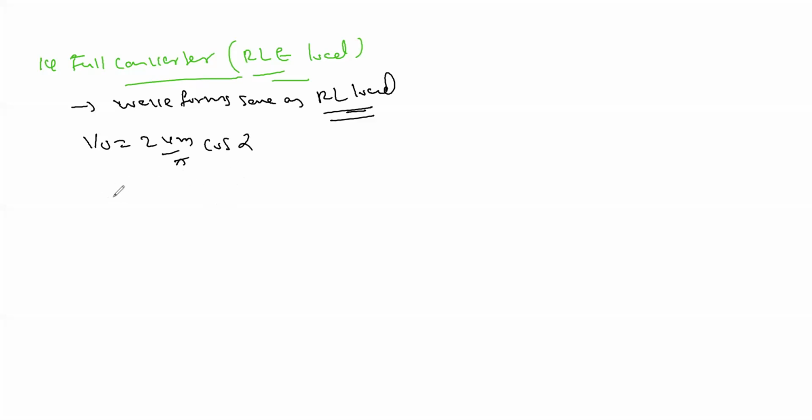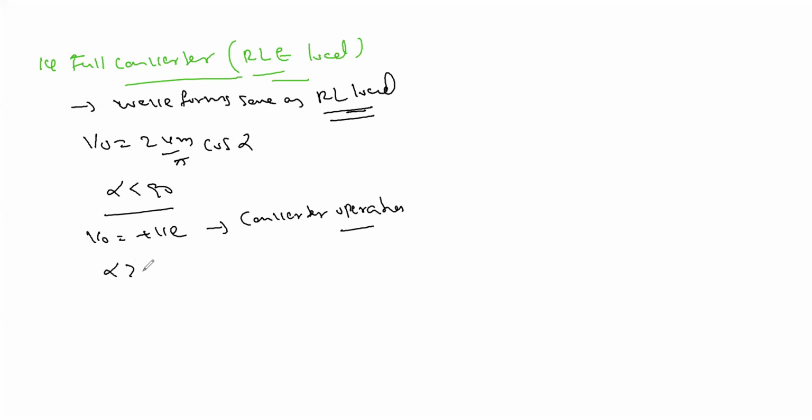In this case, alpha is less than 90. What will happen? V naught is positive. This is called as converter operation. If alpha is greater than 90, say cos 100, cos 120 or cos 150, something like this, what will happen?